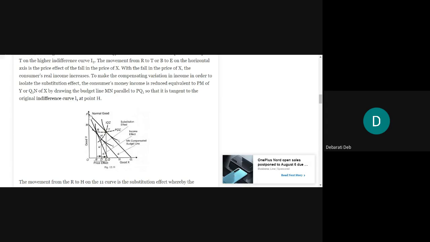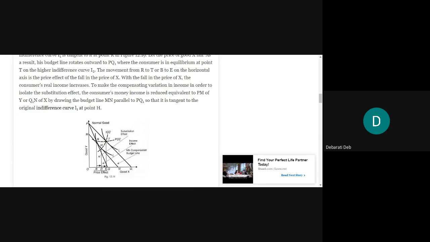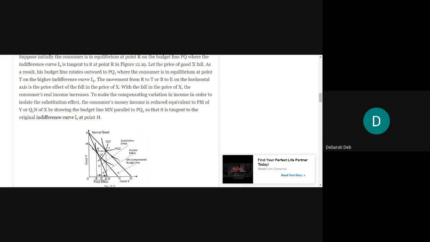And this budget line PQ will be tangent to the indifference curve I1 at the point R, capital R. R is your point of equilibrium that we saw while understanding the concept of budget line: when the budget line is tangent to an indifference curve, the point of tangency is called the point of equilibrium for the consumer. So R is the point of equilibrium.